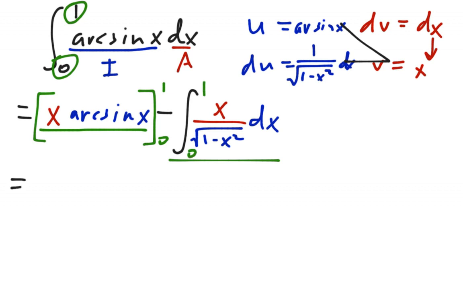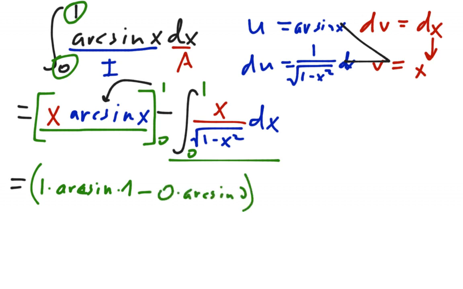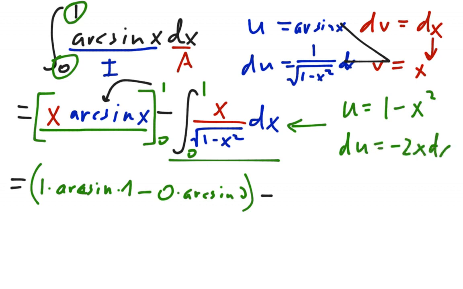So when we do this, let's evaluate this one right away. We're going to have 1 times arc sine of 1 minus 0 times arc sine 0. So that's evaluating the FTC for the first piece, and then minus, now we do have to integrate this, so we're going to use the u sub because we have x squared on the bottom and x on top. u is 1 minus x squared, so du is negative 2x dx.